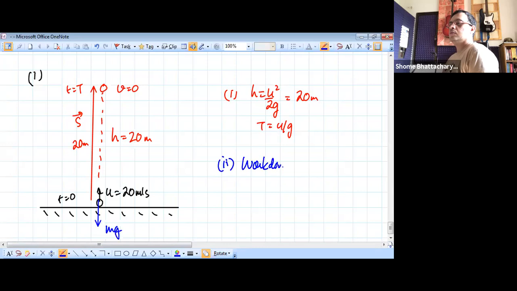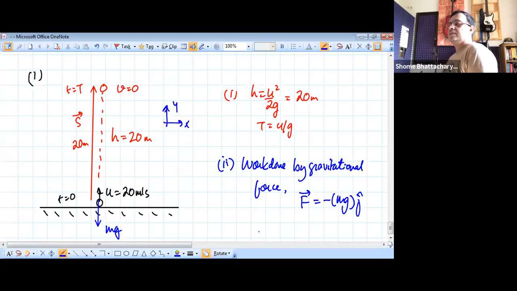Okay. So second thing now, work done by the gravitational force. That gravitational force, if I want to write in proper vector form, I should write it as minus mg j cap if I'm taking x and y axis like this.